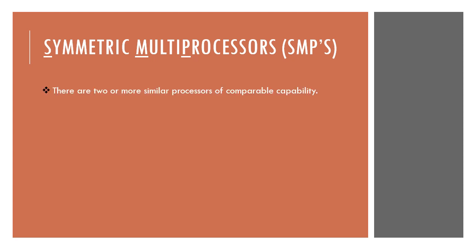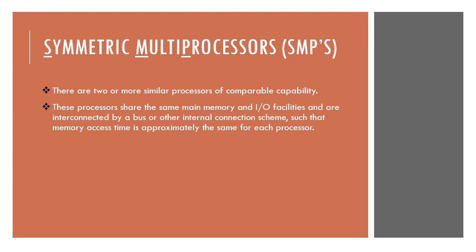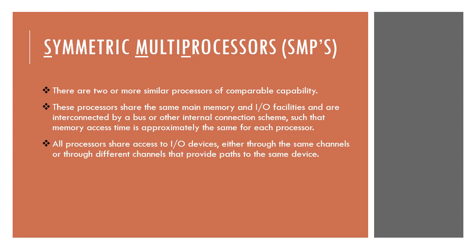There are two or more similar processors of comparable capability. These processors share the same main memory and I/O facilities and are interconnected by a bus or other internal connection scheme such that memory access time is approximately the same for each processor.